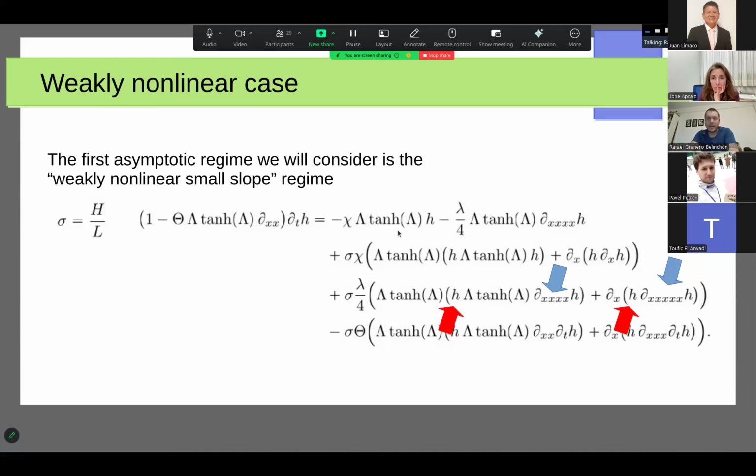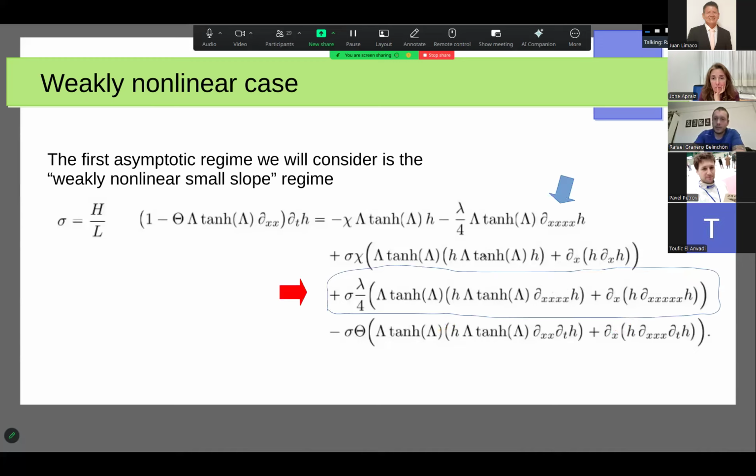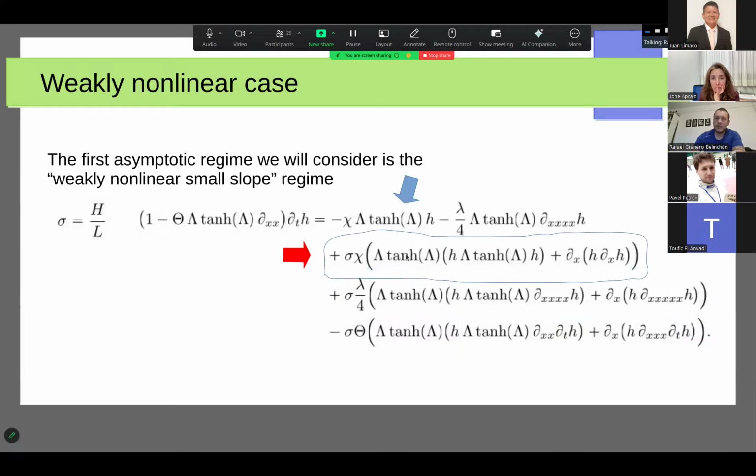The same thing happens with the term due to gravity. When we group this guy with the blue cloud, the right hand side is fifth order, and we have a nonlinear and non-local first order differential operator.